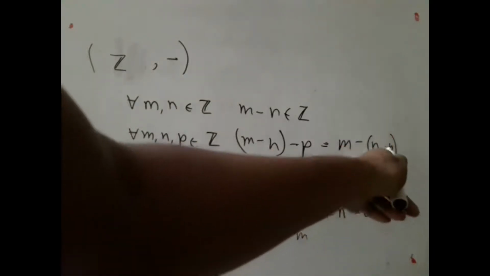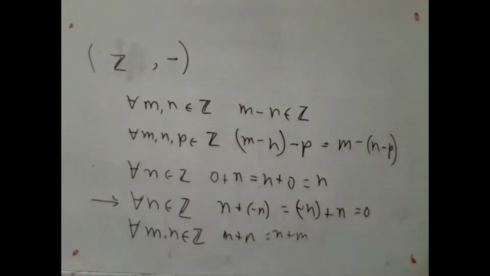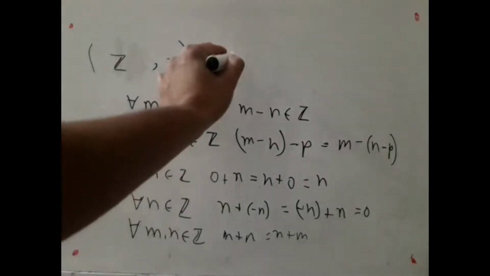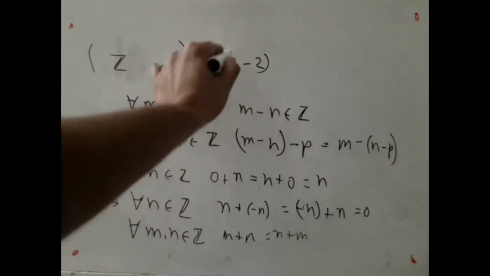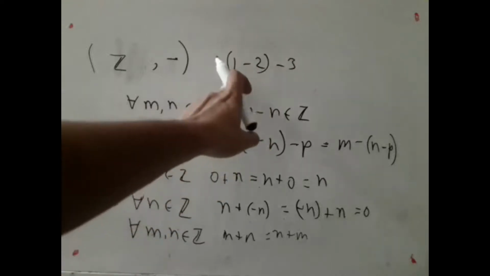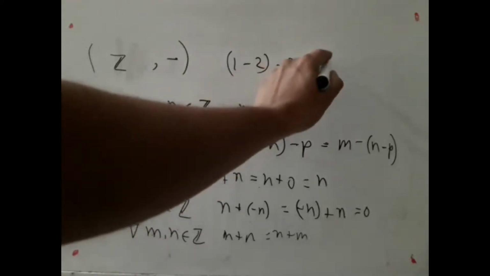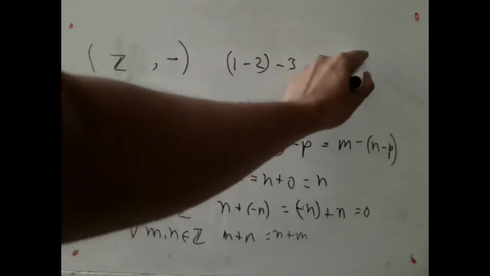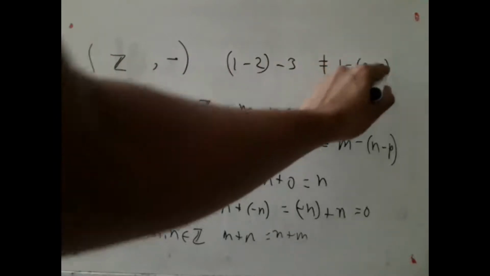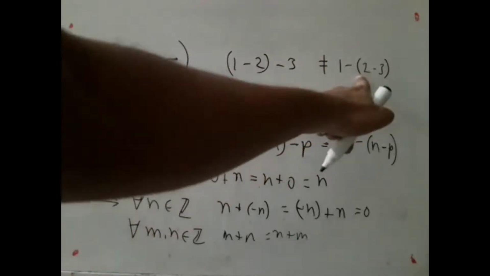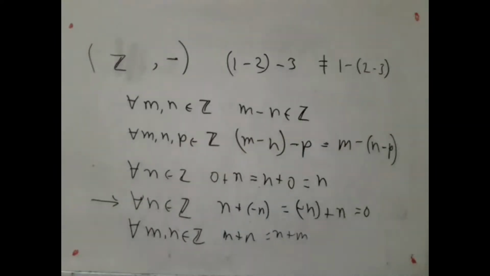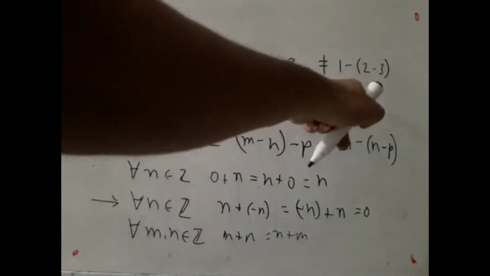well, we know that this does not hold in general. For example, if I take 1 minus 2 minus 3, that should be minus 4, and that is not same as 1 minus 2 minus 3, which is 2 minus 3 is minus 1, minus of that, so this is 2.